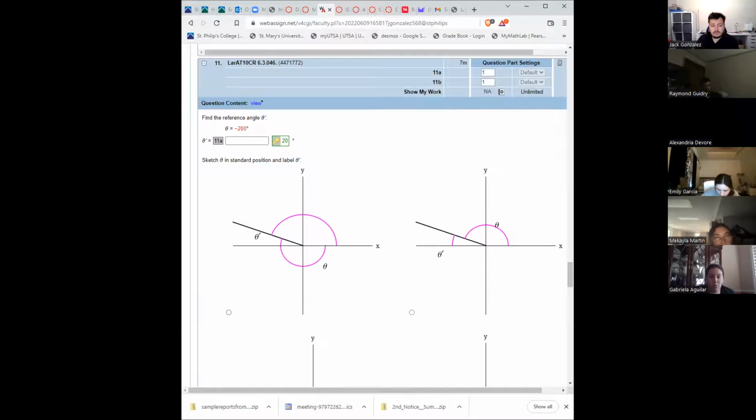Reference angle is basically the distance from the x-axis. Okay, that's all you need to know. When they ask you what is the reference angle of something, they're telling you how far that angle is from the x-axis. Let me see if I can find the book so I can show.